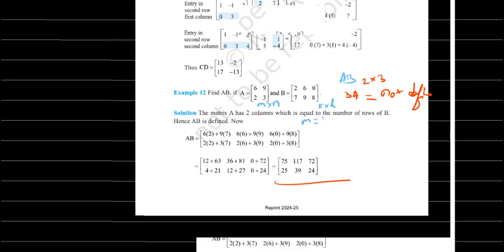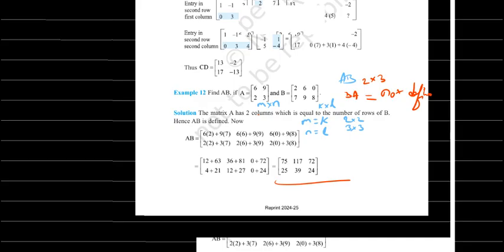It means both matrices should be square matrices, either 2 into 2 or 3 into 3. Only in that scenario will you get the answer for both AB and BA.